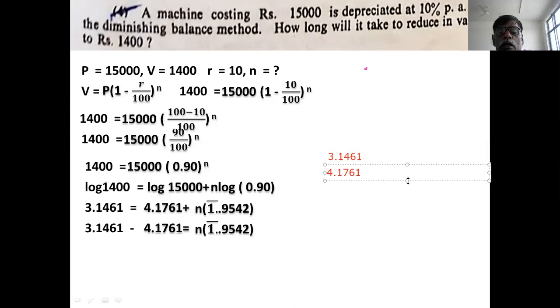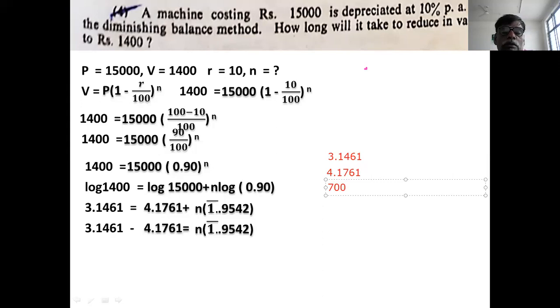If you deduct it, what is the answer? 1 minus 1, 0. 6 minus 6, 0. 4 minus 7 not possible, so 14 minus 7 is 7.